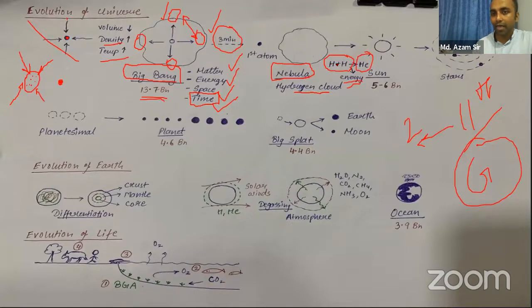Hydrogen is a lighter element. So two light elements fuse together to form a heavier element. So helium is a heavier element, and in the process, a huge amount of energy was being generated. And this process is called the nuclear fusion process. Okay, nuclear fusion process.